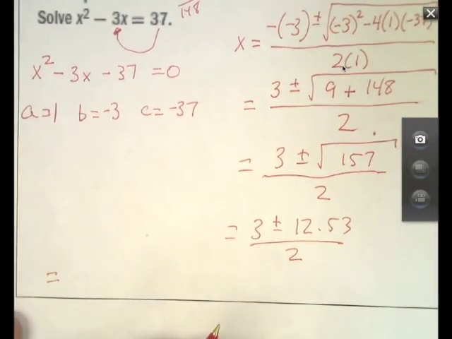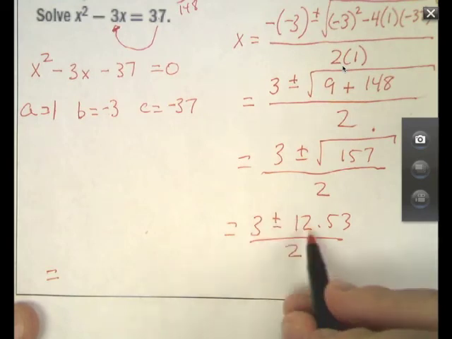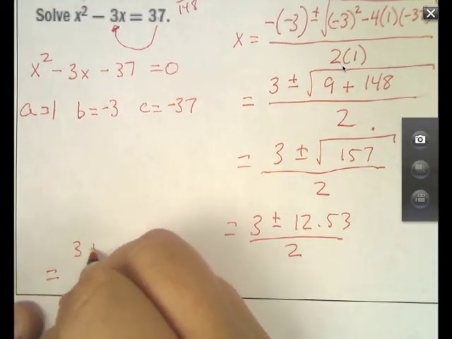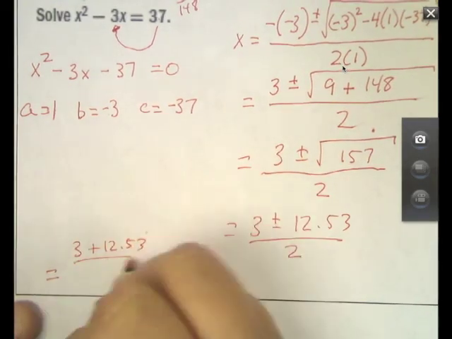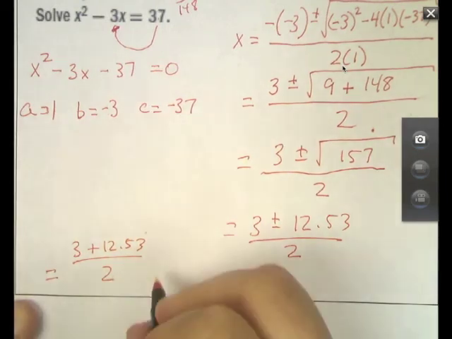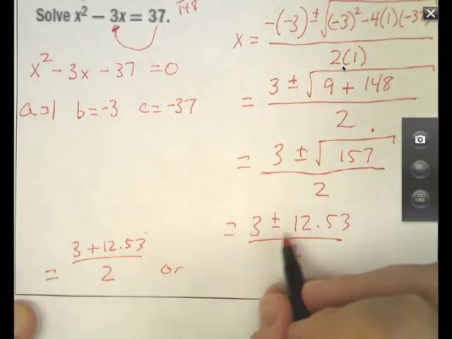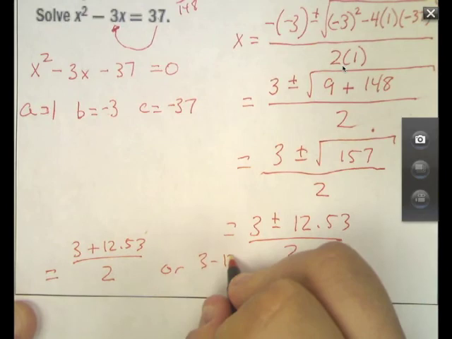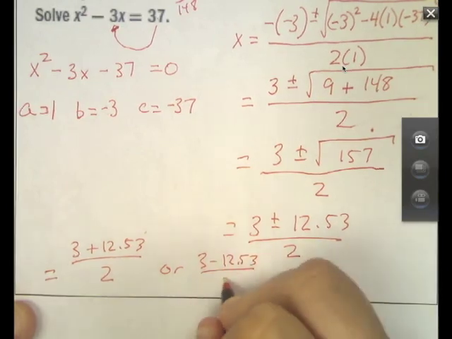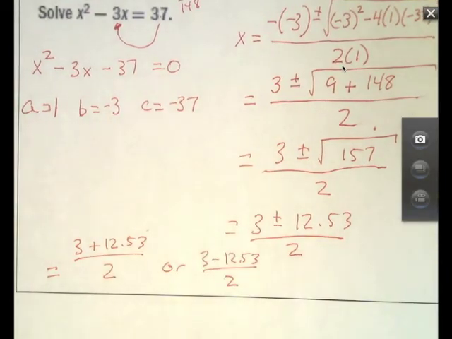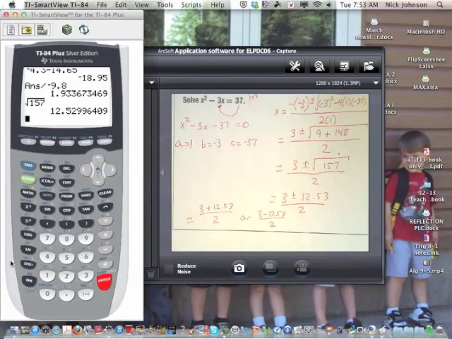So my two answers are 3 plus 12.53 divided by 2, or 3 minus 12.53 divided by 2. Well, 3 plus 12.53, we all know is 15.53, right?